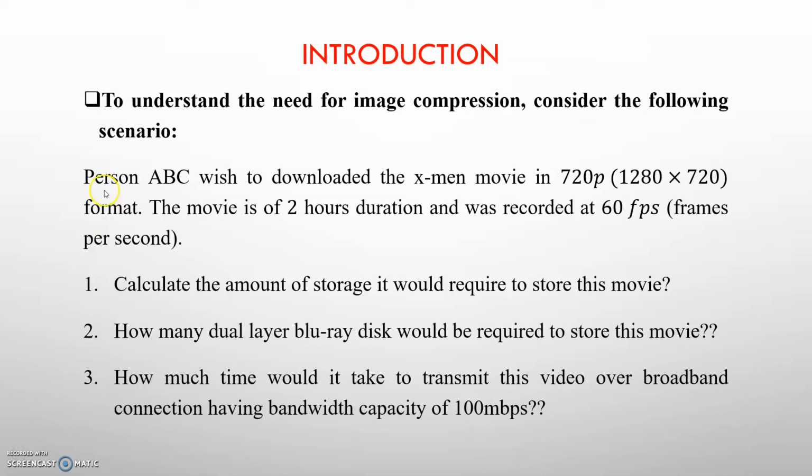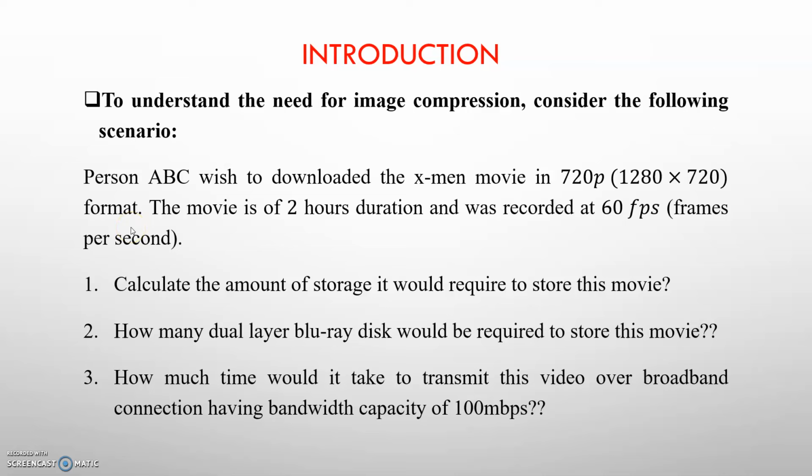Now here it is given that there is one person called ABC. He wishes to download the X-Men movie in 720p. So definitely we all know now what these picture qualities are: 1080p, 720p, 144p. So what does the p basically stand for? This means 1280 into 720 format.